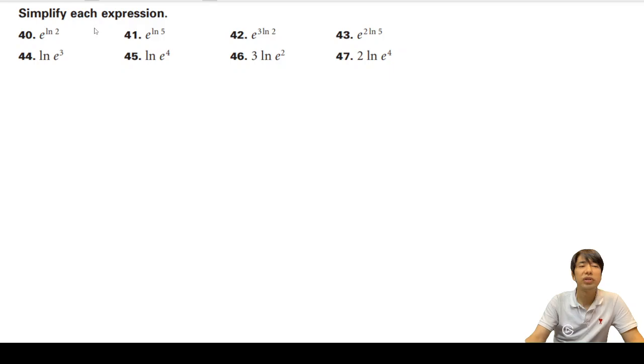All right, let me go over to the next block. Simplify each expression. Remember this. One of the properties of the log is that if you have a base a, and you raise it to the power of log of something, and the base of this log is also a, and you have number b here, then everything cancels out, and it comes down to just b.